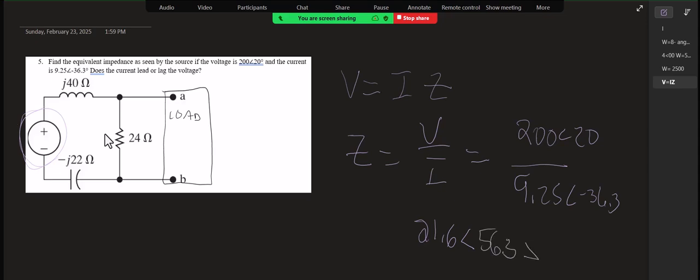My units are going to be ohms because impedance is in ohms, regardless of what it's made up of.